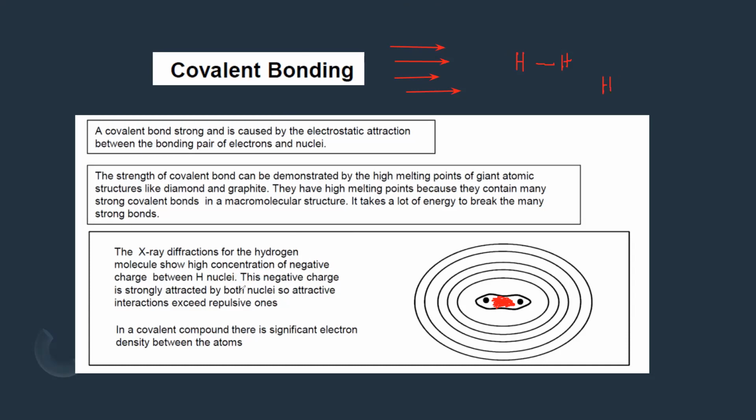And this charge is strongly attracted by both nuclei, so the attraction exceeds the repulsion. Because basically, when we compare the structure, a hydrogen has one proton inside the nucleus and there is one electron.